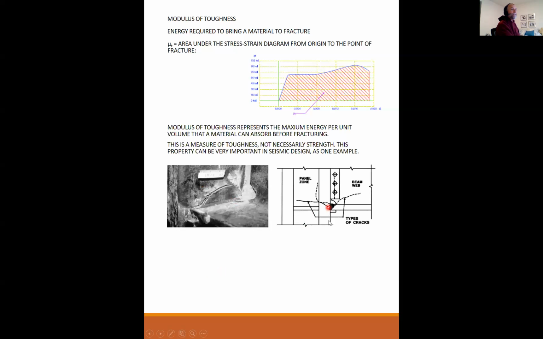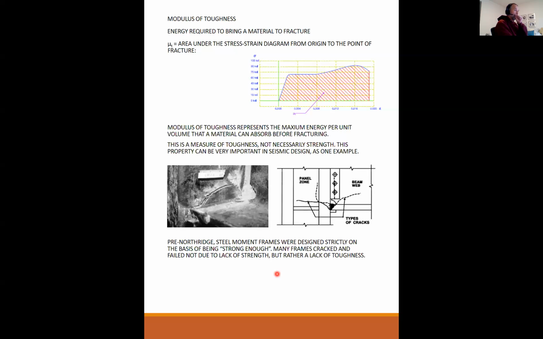So pre-Northridge, steel moment frames were designed strictly on the basis of being strong enough. Many frames cracked and failed not due to a lack of strength, but rather a lack of toughness.